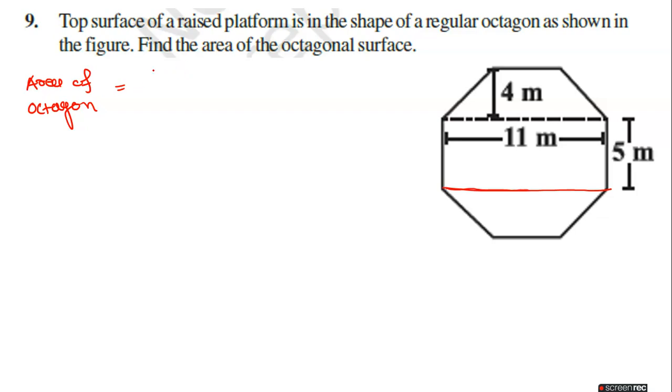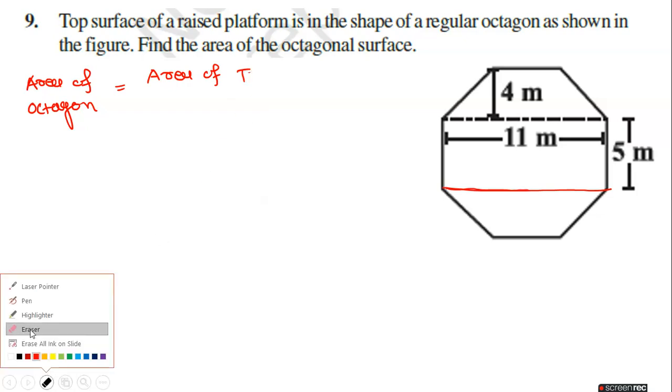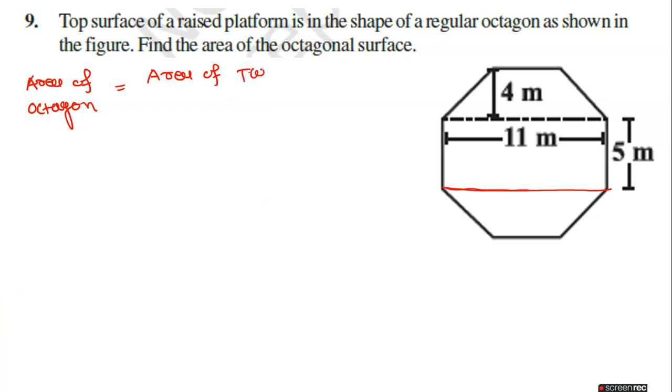Area of octagon is equal to area of two trapeziums plus area of rectangle.